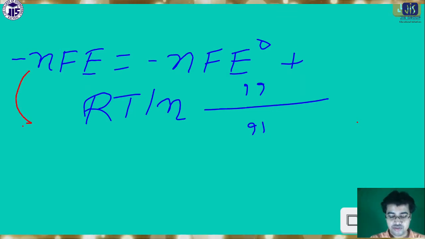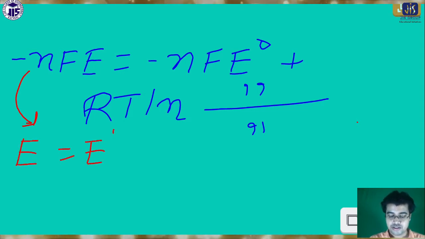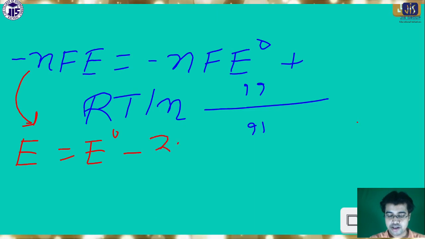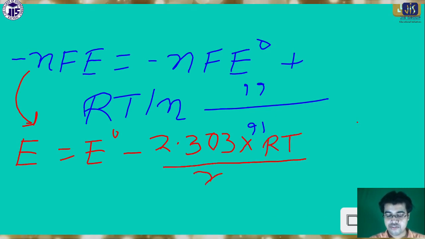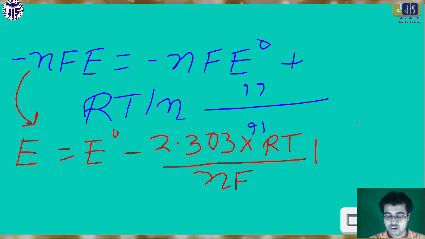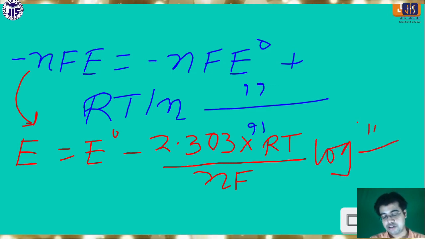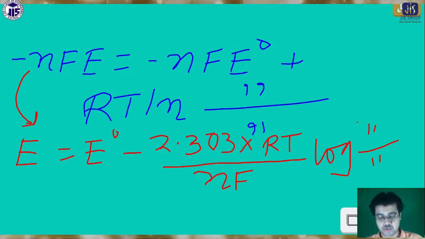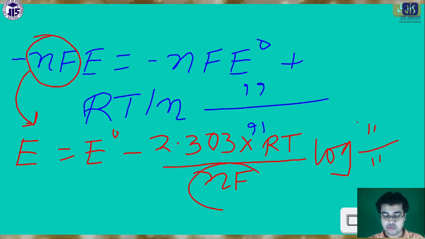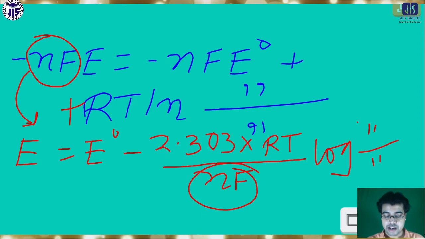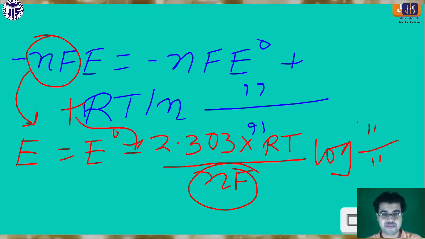From here we can write that E equals E0 minus 2.303 RT by nF log, and the upper product and lower product will be the same. There is no change. But what change occurred here? Minus nF is the common factor, and that's why the plus sign becomes the negative sign.